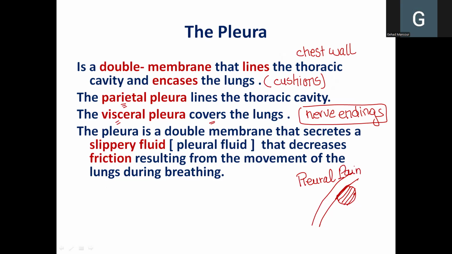We said this in class, that the pleural pain is usually sharp pleural pain if it results from inflammation or a lesion that affects the pleura. A lesion means a disorder or something abnormal that affects the tissue of the pleura.